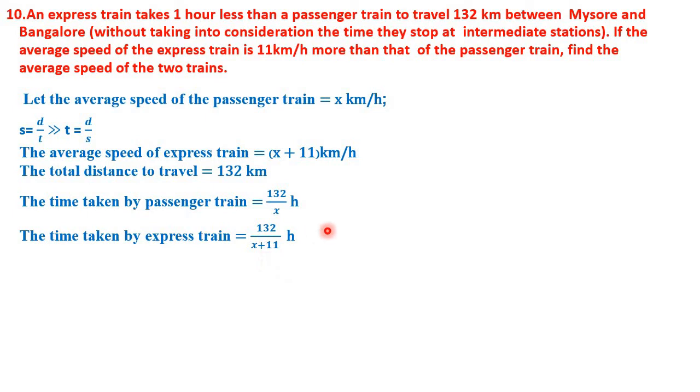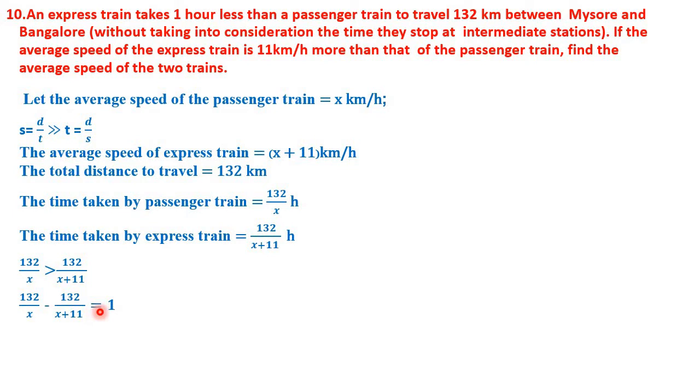The passenger train takes more time than the express train, because the express train's speed is 11 kilometers per hour more than the passenger train. That's why the time taken by the passenger train is more than the time taken by the express train. Therefore, if you subtract, the difference of this time interval is 1 hour.